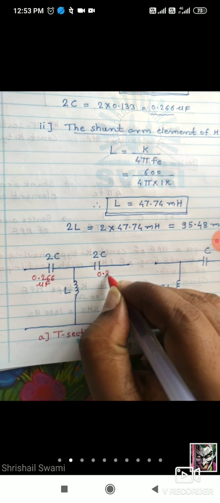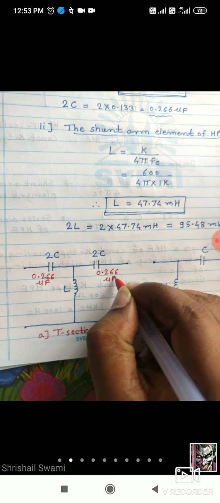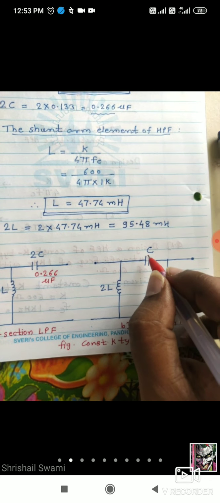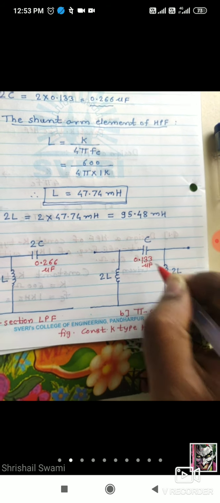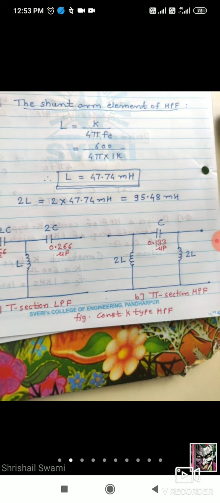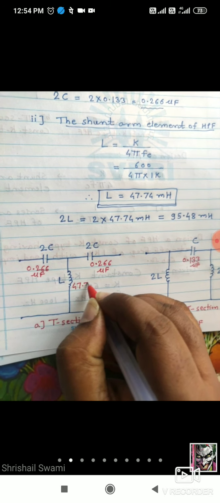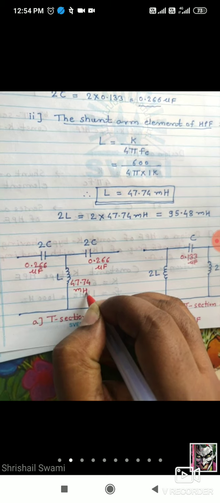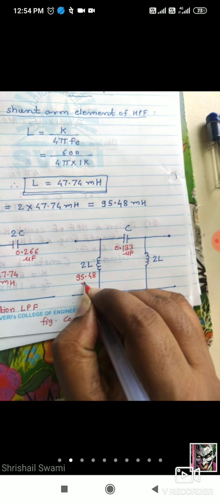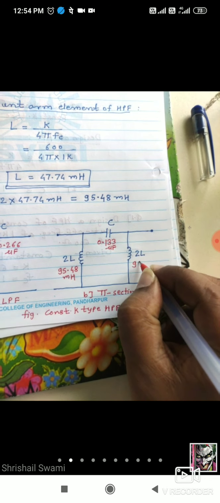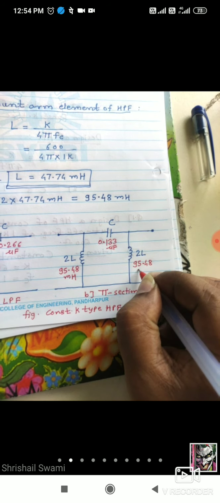Here also 0.266 microfarad. And what about C? C is 0.133 microfarad. So capacitance value is mentioned. Inductor value L is equal to 47.74 millihenry. And what about 2L? That is 95.48 millihenry. And here also 95.48 millihenry.